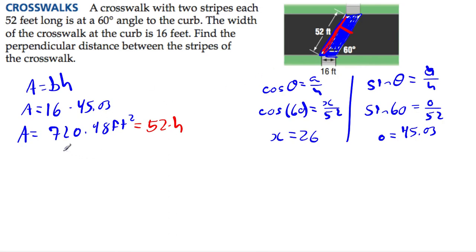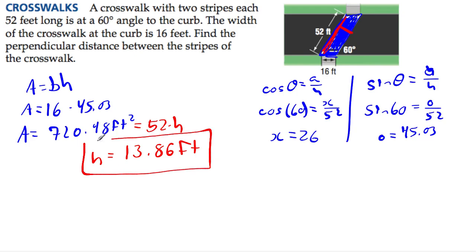So if we divide this answer by 52, we get that that distance is equal to 13.86 feet. Looking back at this, I didn't need to find the cosine here. I started out doing this problem a different way, so I can just ignore that.